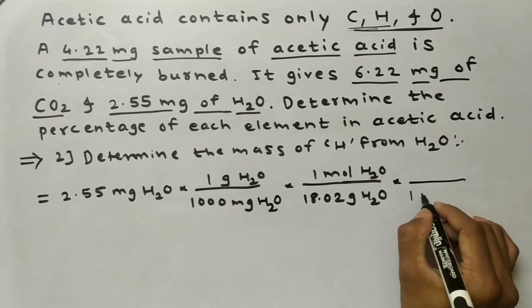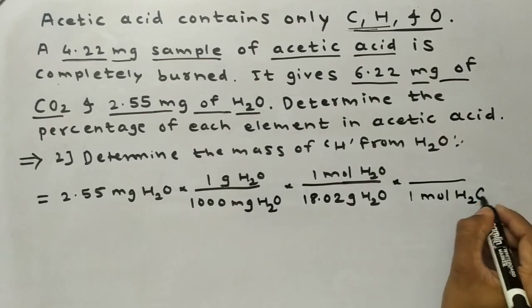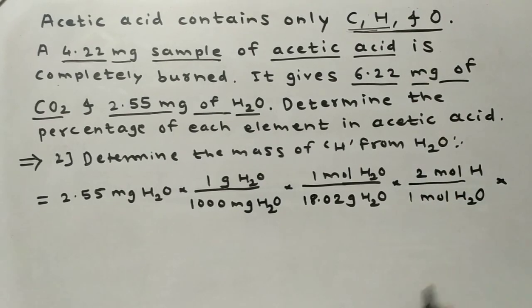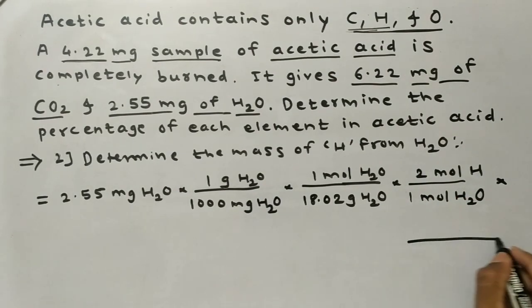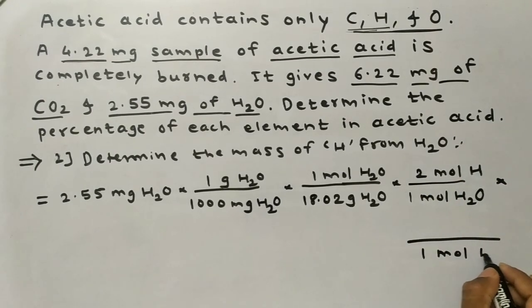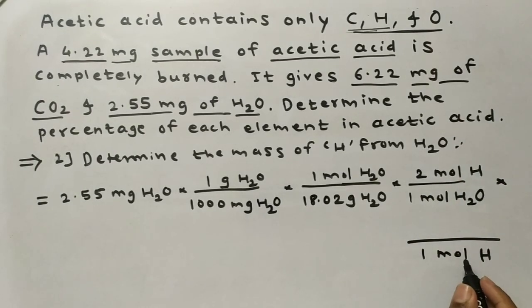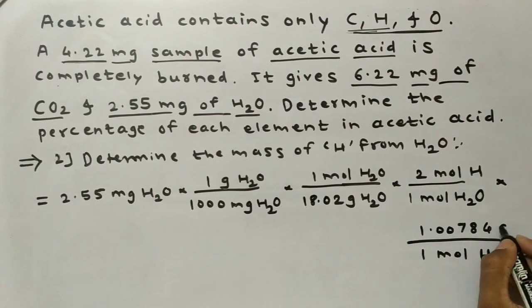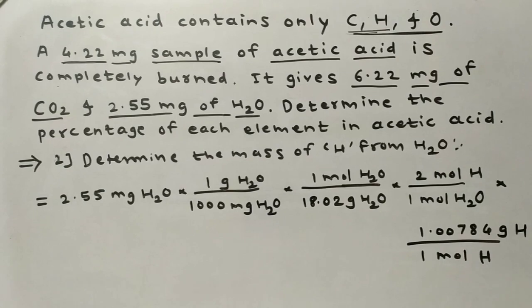Now here 1 mole H2O contains 2 moles of H, and finally converting this number of moles to grams of hydrogen. So the molar mass of hydrogen is 1.00784 grams.